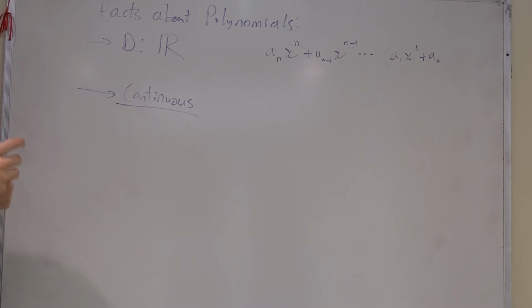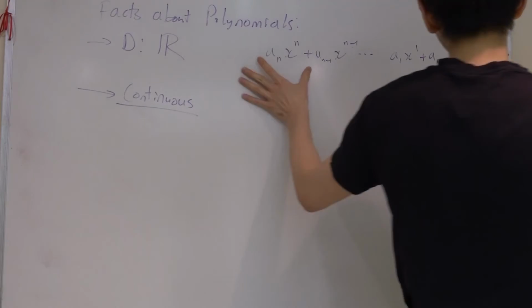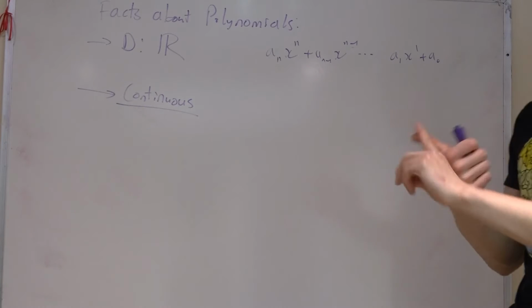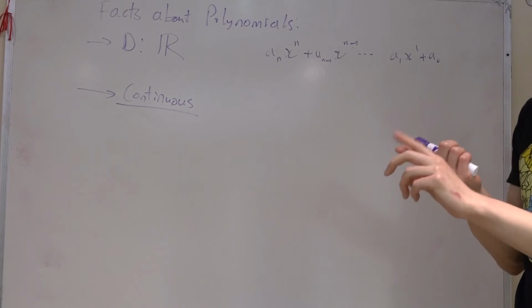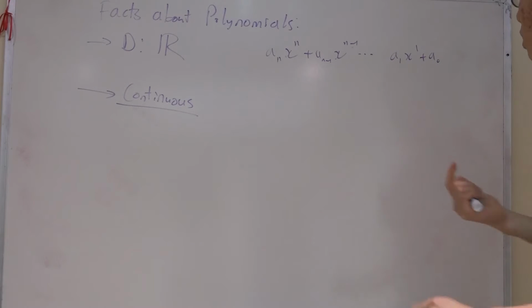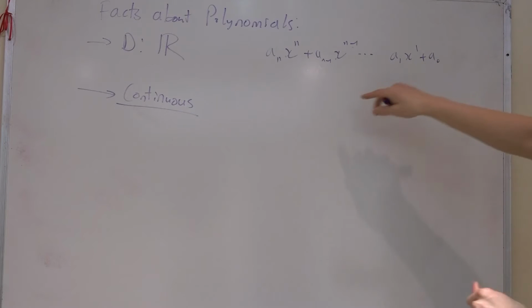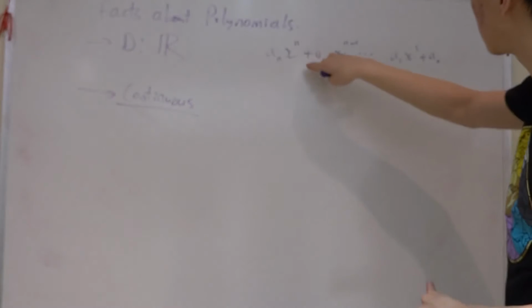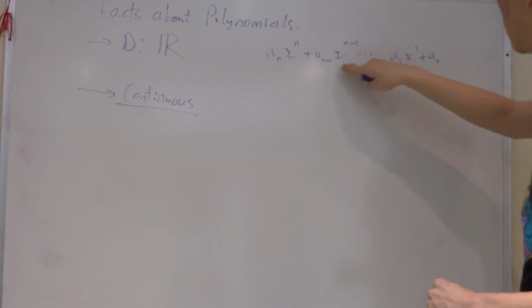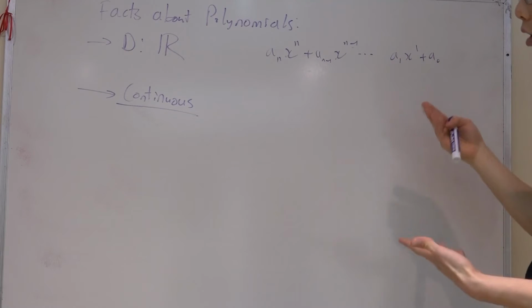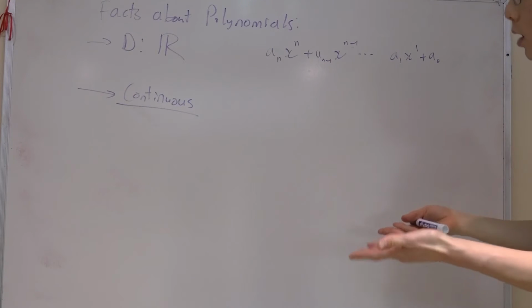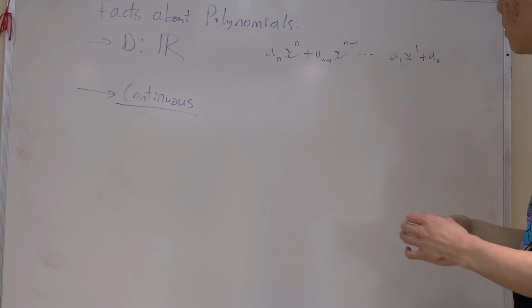However, it should be pretty clear to you that these types of functions are continuous, just A, from your basic knowledge about quadratics and linear functions, but also B, because when you're doing this, you're just adding together a bunch of continuous things. If you add together continuous functions, you will still get a continuous function. Okay?